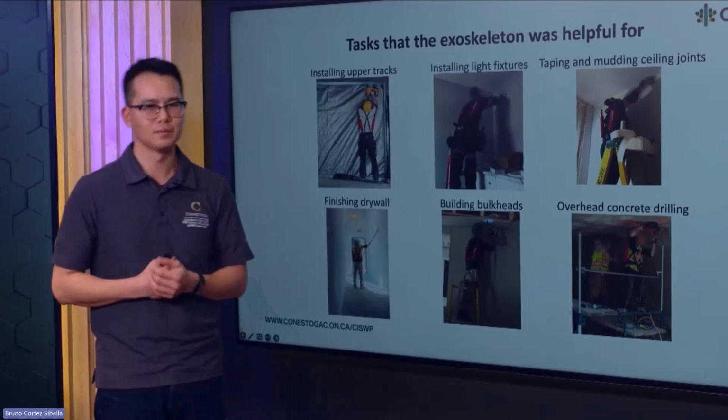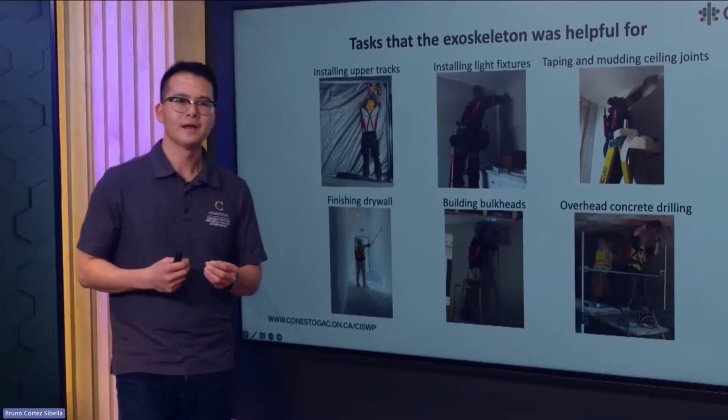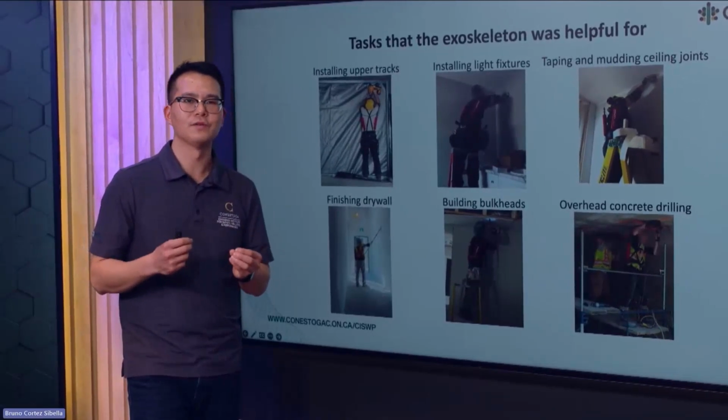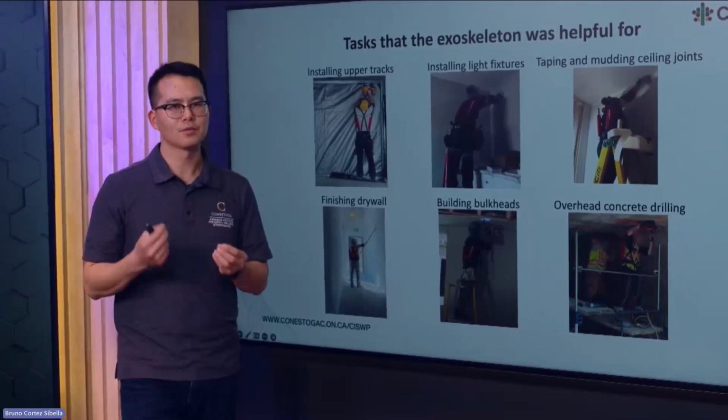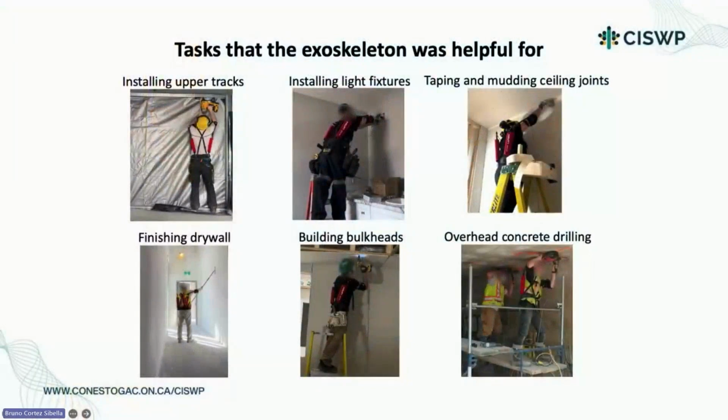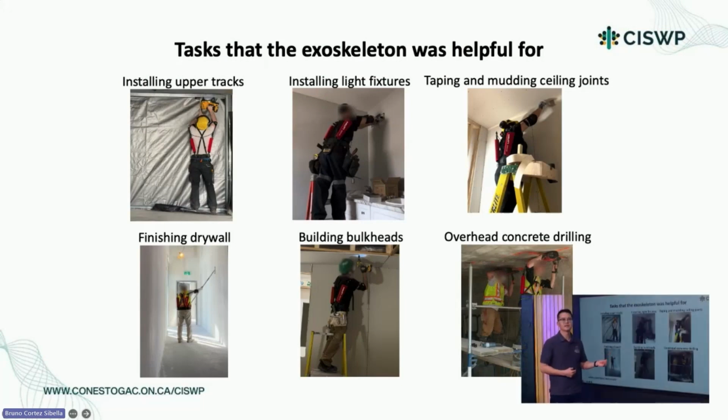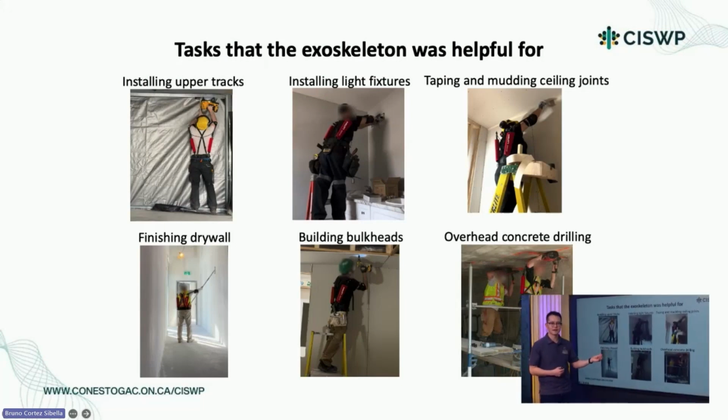We had to probe a little bit further, and they told us that it was particularly helpful for lifting and positioning materials overhead and operating tools overhead. Some of these tasks included things like taping and mudding, especially the ceiling joints, installing upper tracks for framing, and overhead concrete drilling in bridge repair.